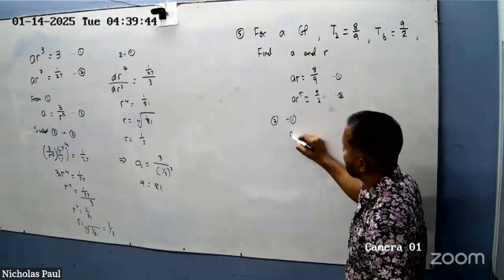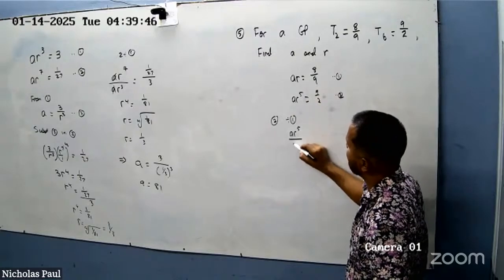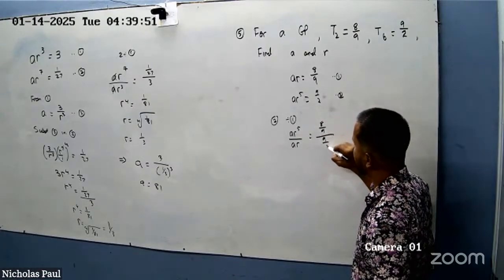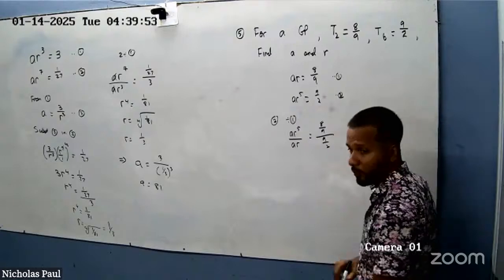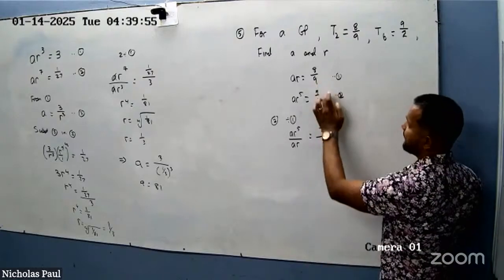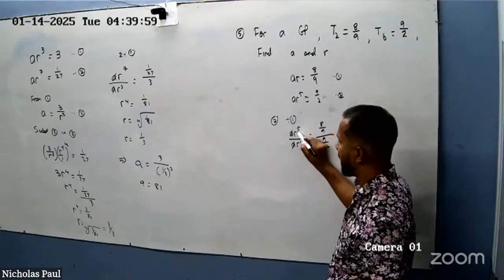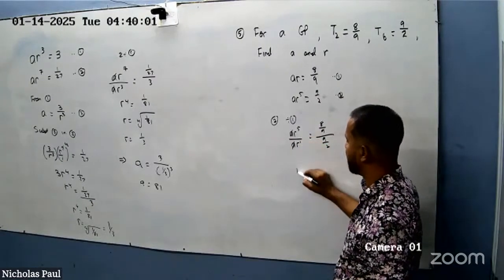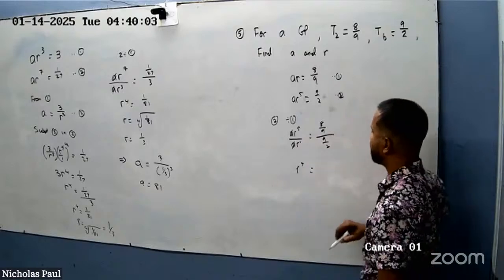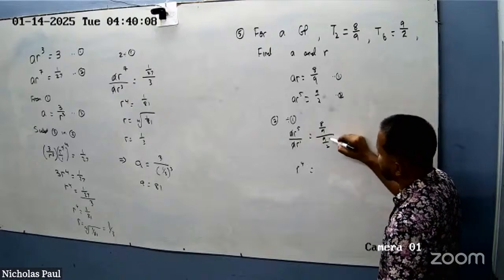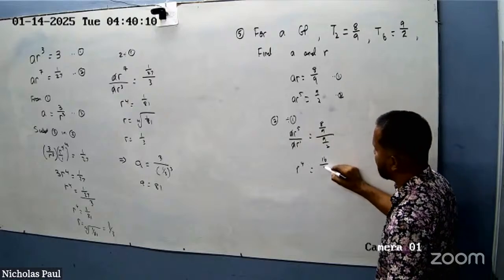So I'm going to divide AR to the 5 by AR and 8 on 9 divided by 9 on 2. Right? So I am just dividing these two here. The A's will cancel, and I will get R to the 5 minus R to the 1 is R to the 4th here. Remember, if you put this in the calculator, you are going to get 16 on 81.